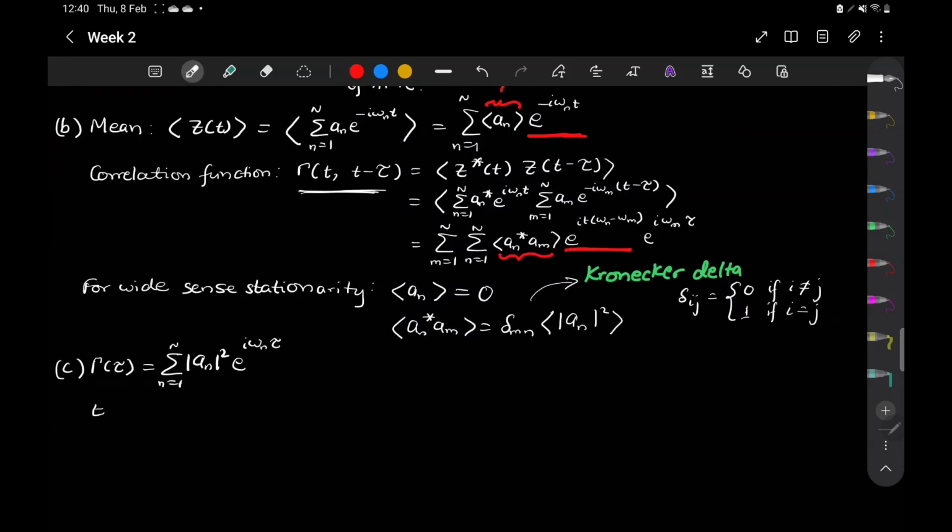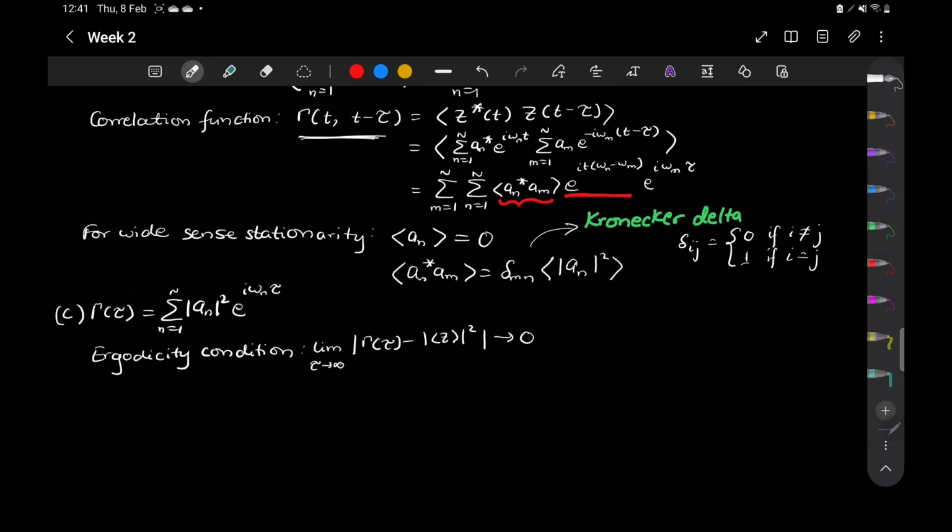Now the ergodicity condition, let me rewrite the ergodicity condition. So that's the ergodicity condition.